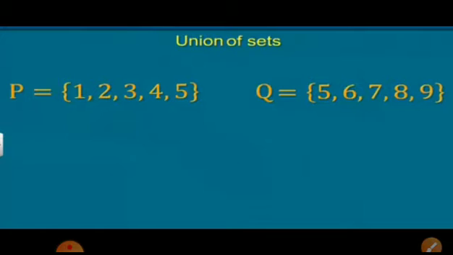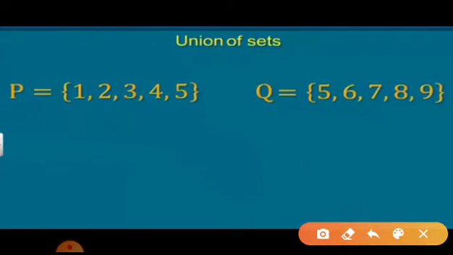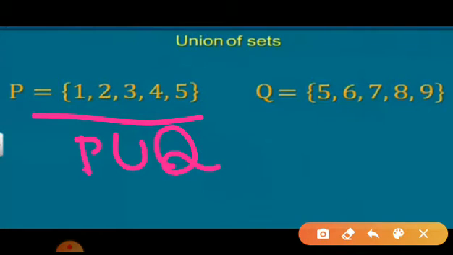Let us see what that logic is. Let the set P contain the elements 1, 2, 3, 4, 5, and the set Q contain the elements 5, 6, 7, 8, and 9. Now the union of P and Q is represented by P union Q. That symbol is read as union. So I can read this as P union Q.